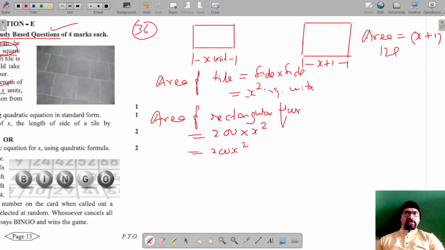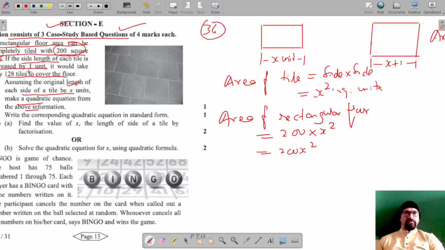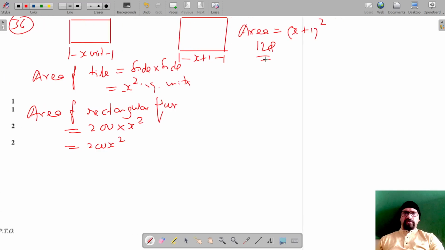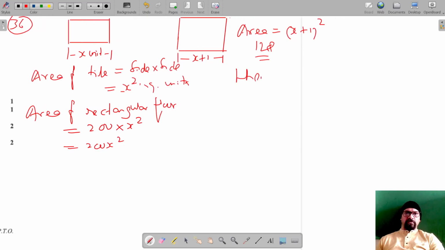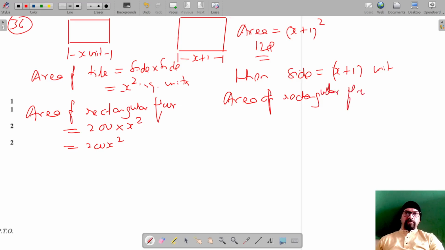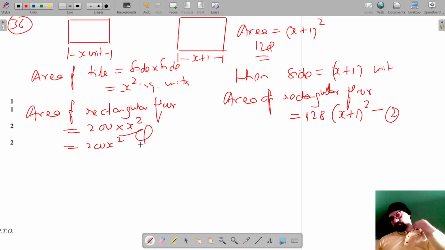And now we can use only 128 tiles to cover the floor. So when the side of the square tile is increased by 1 unit, the number of tiles is 128, and the rectangular floor has to be tiled with only 128 tiles. So the area is 128 into x plus 1 the whole square. This is the second equation.